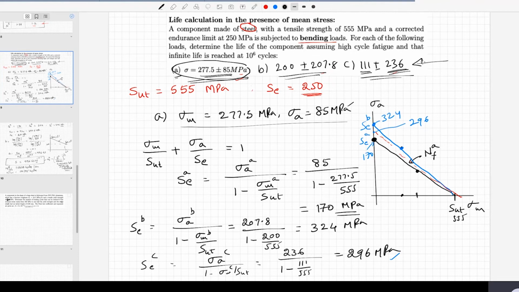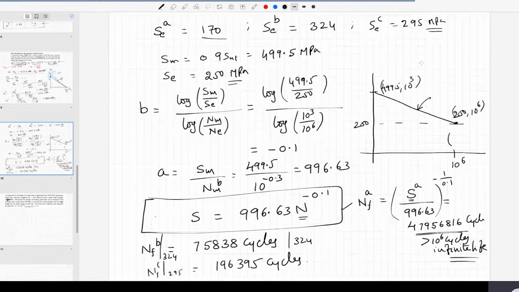So the SN behavior, the stress life behavior, is governed by the material property, which is described by your equation S is equal to A n power B. Right? And A and B are your material constants, depending on which points you are connecting.